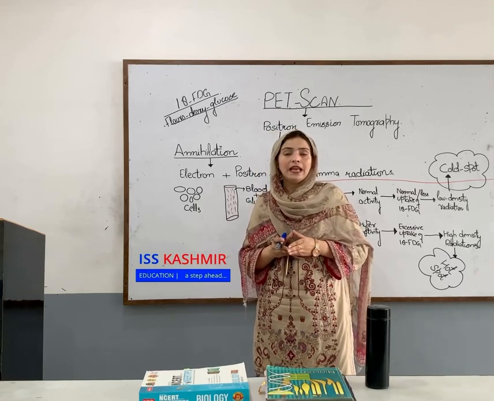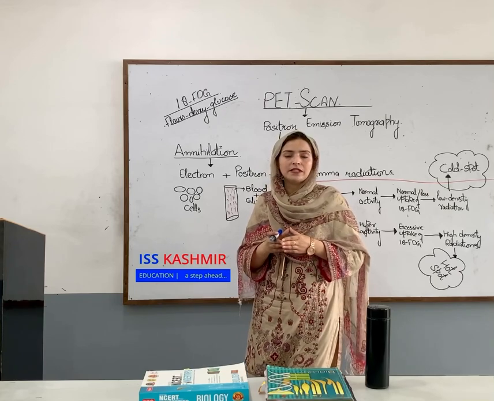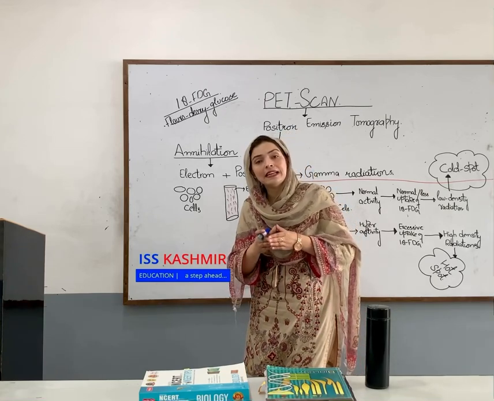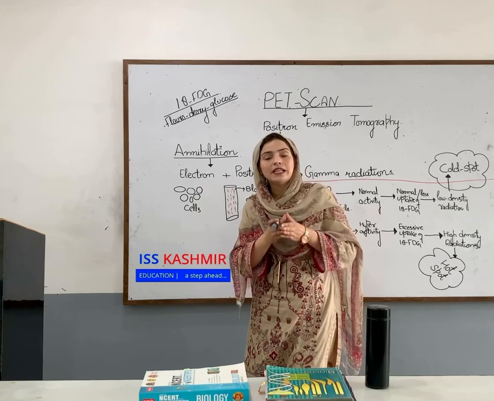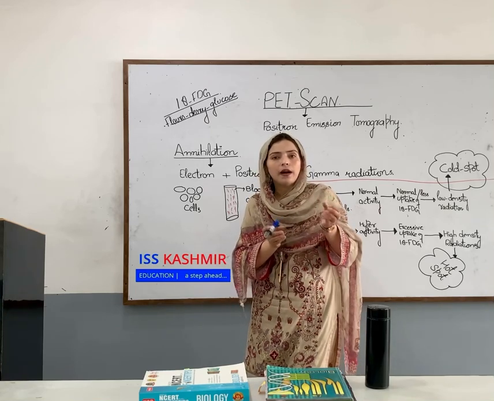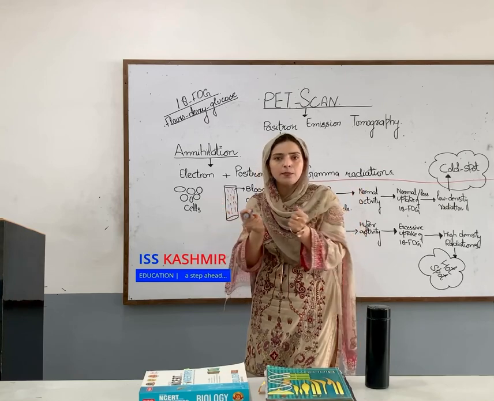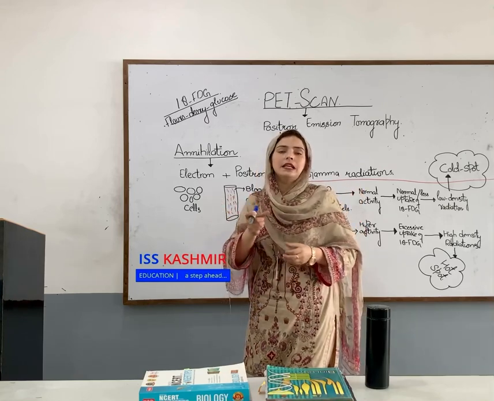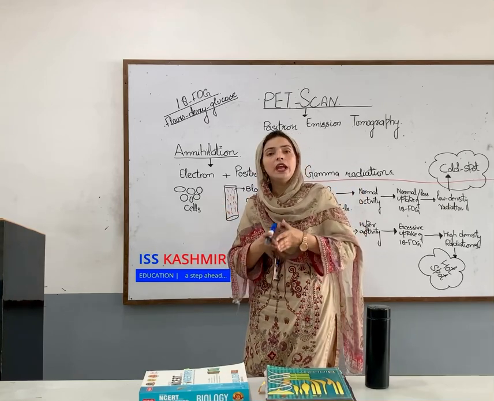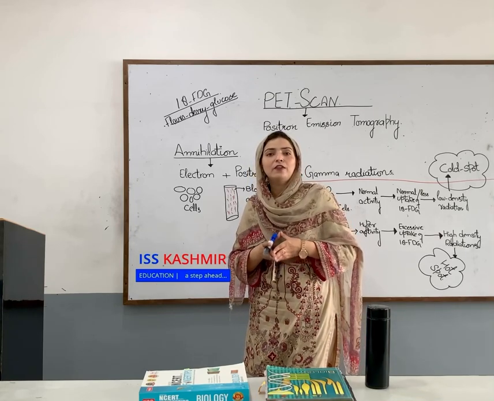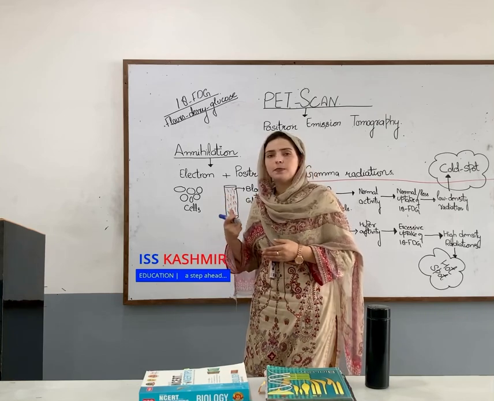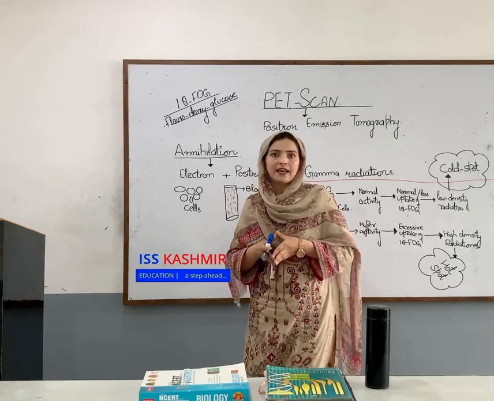And there's a very important concept in physics that we call annihilation. As per physics, annihilation is a reaction where a particle collides with its antiparticle and disappears, liberating a large amount of energy in the form of gamma radiations. This annihilation forms the working principle of our PET scan.